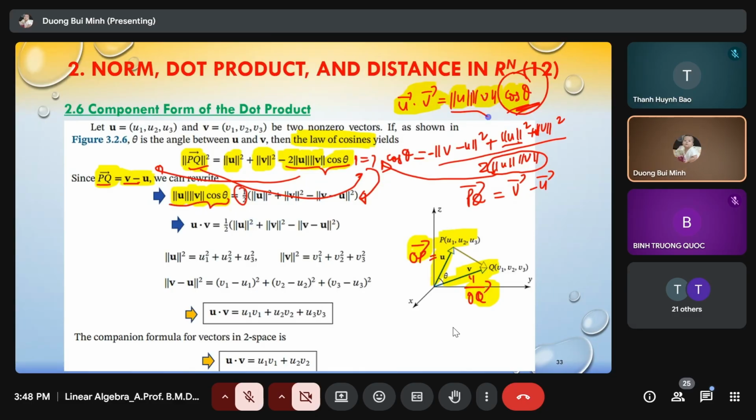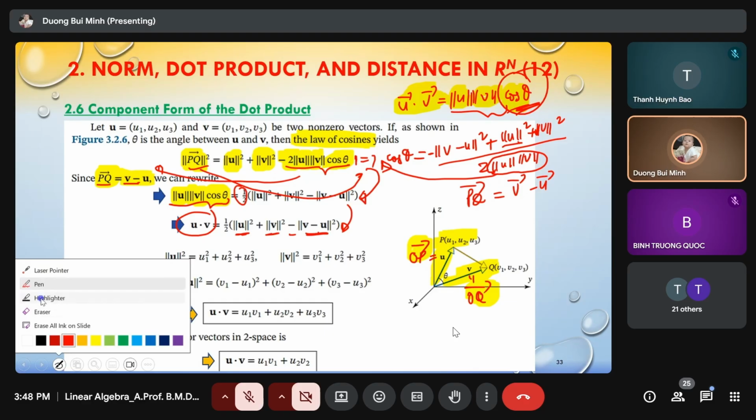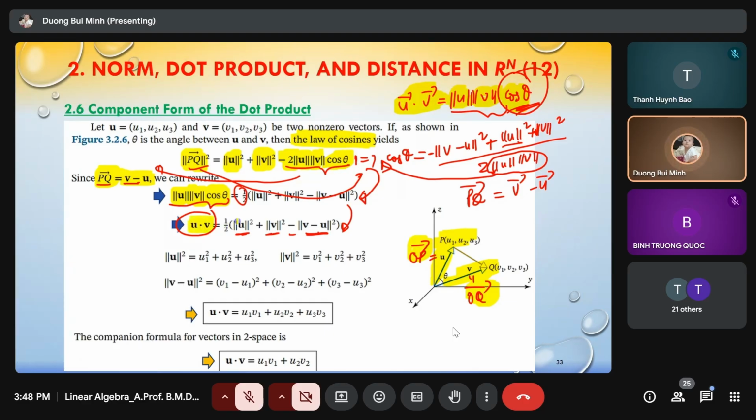This one is U dot V. So now U dot V is half the norm of U square plus norm of V square minus the norm of V minus U square. So now we can calculate the dot products based on this one.